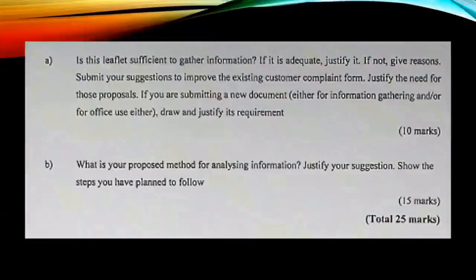Get the frequencies from the table, prepare a Pareto chart, recognize the highly influential factors. For each and every factor, it is required to prepare a cause and effect diagram.